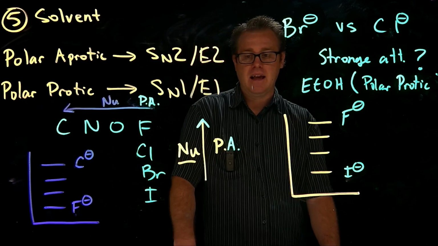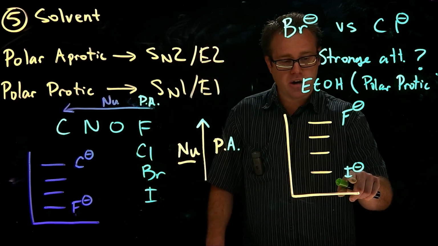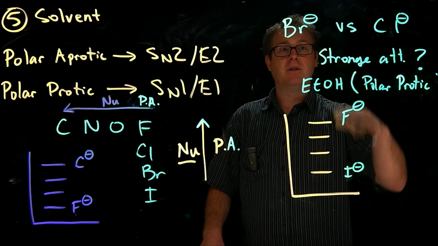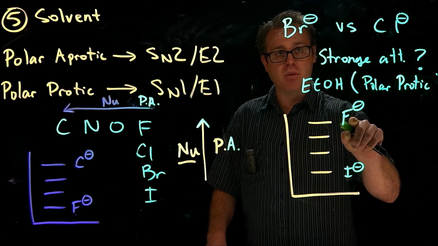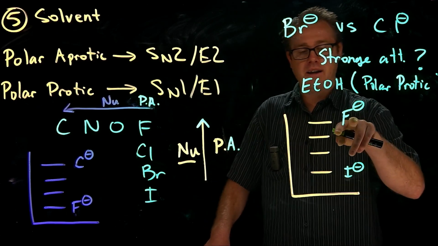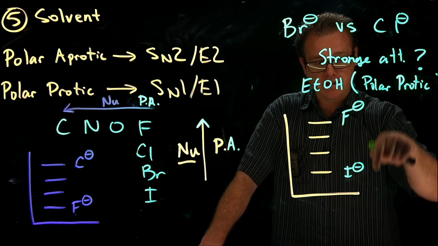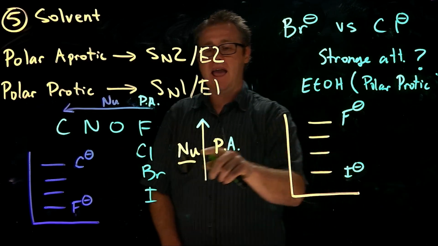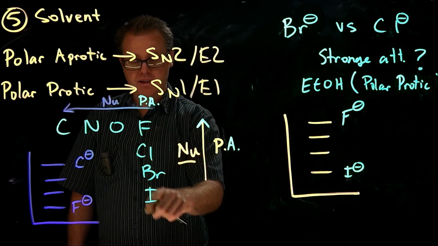And we can see that based off of size, a negative charge on a larger iodide is going to be more stable, lower in energy than a negative charge on a smaller fluoride. And so because fluoride is higher in energy, the least stable, going down this group, that's going to make it the most reactive, and it's going to make it the stronger nucleophile in this series.